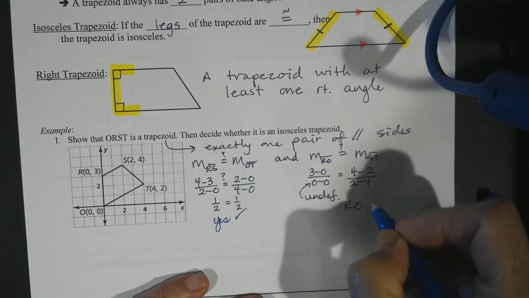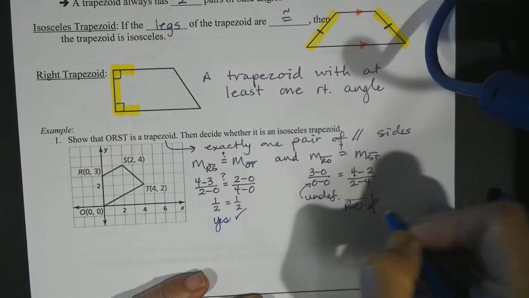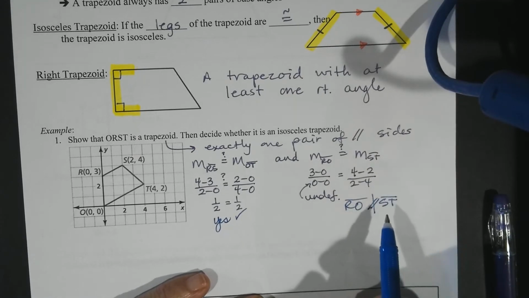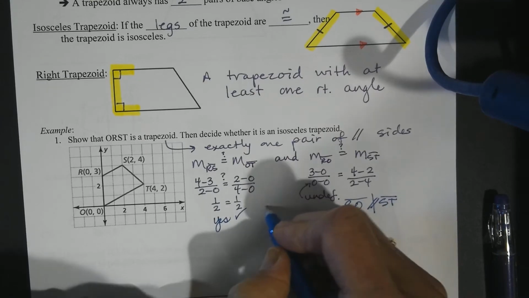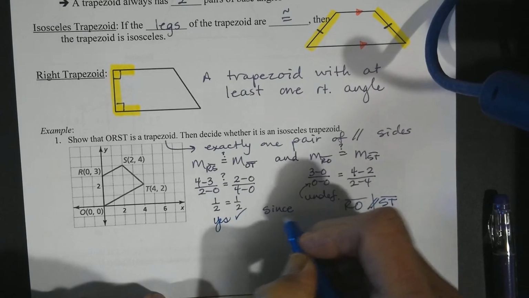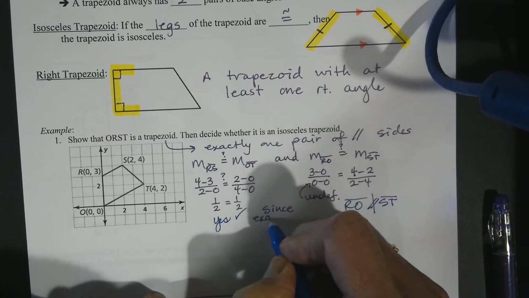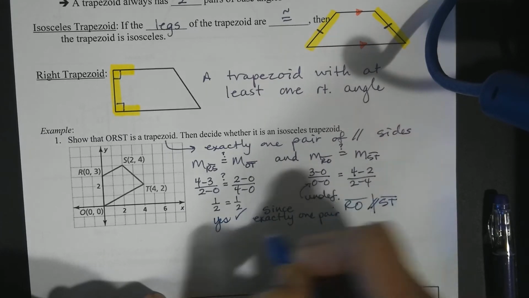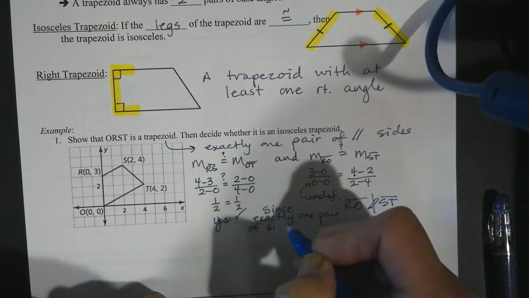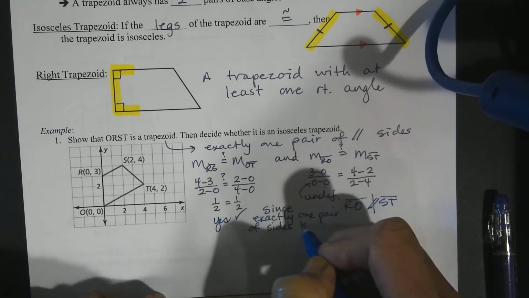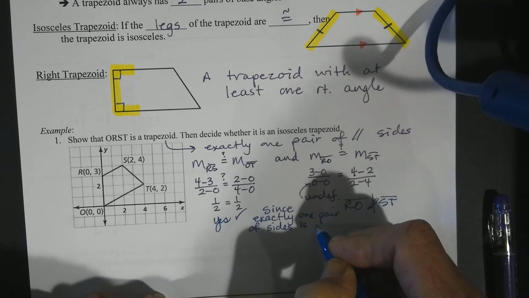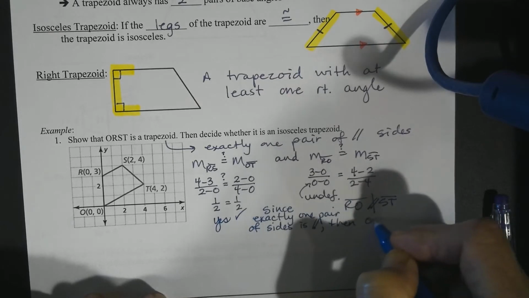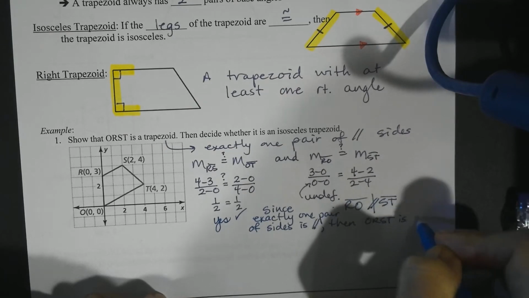So RO is not parallel to ST. Since exactly one pair of opposite sides is parallel, then we can say that ORST is a trapezoid.